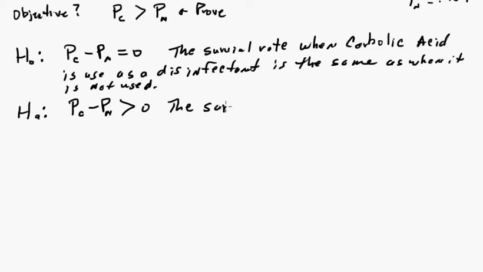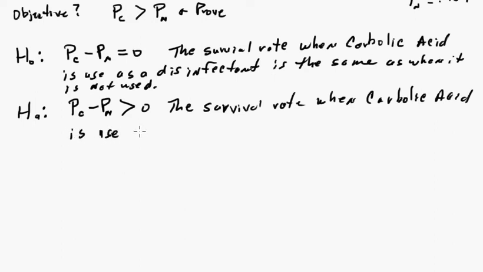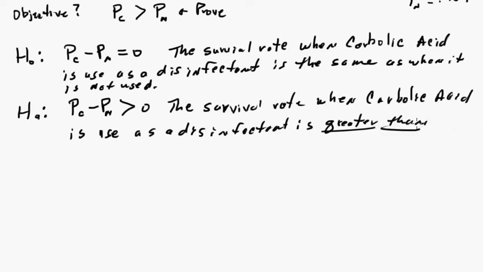And so now we sort of repeat it with some changes. The survival rate when carbolic acid is used as a disinfectant is greater than when nothing is used.